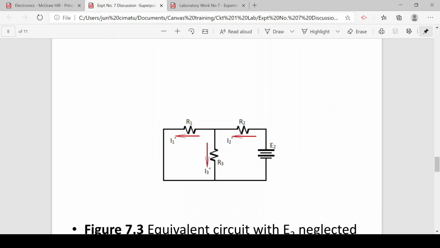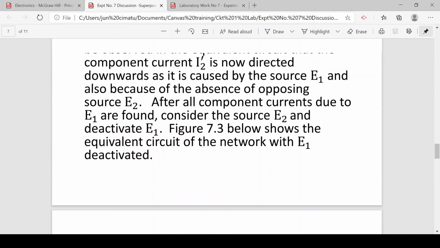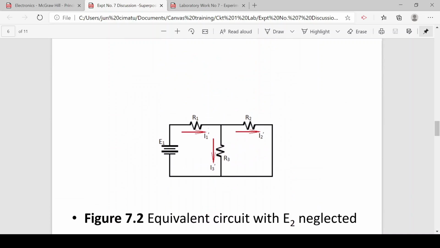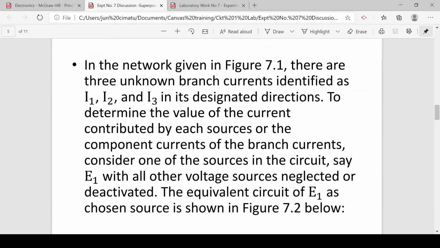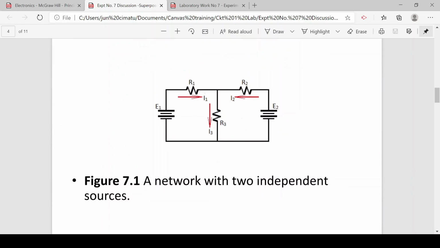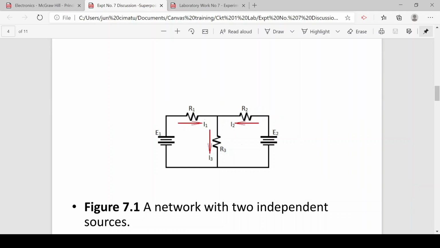This experiment is about the superposition theorem. In the theorem, it is said that the current in a branch is due to the component currents supplied by all the sources in the circuit.